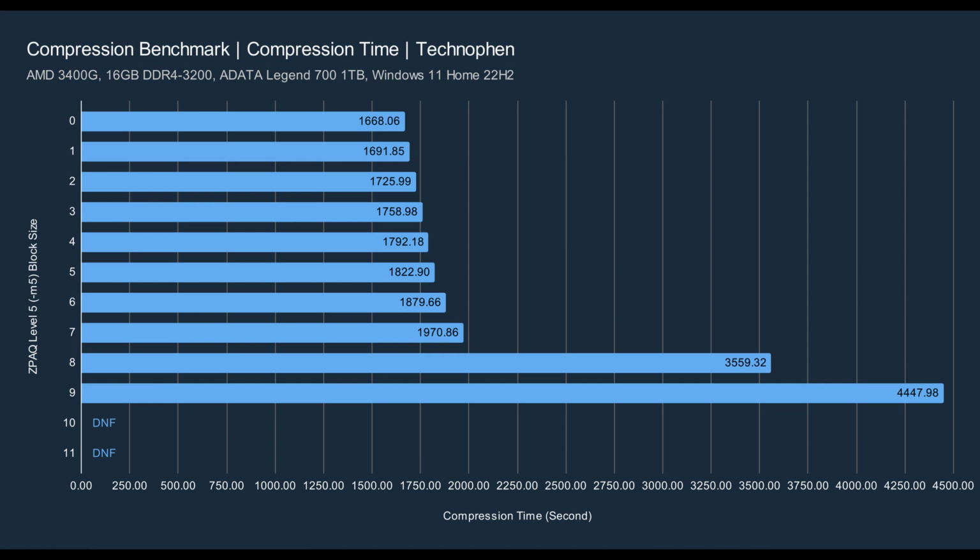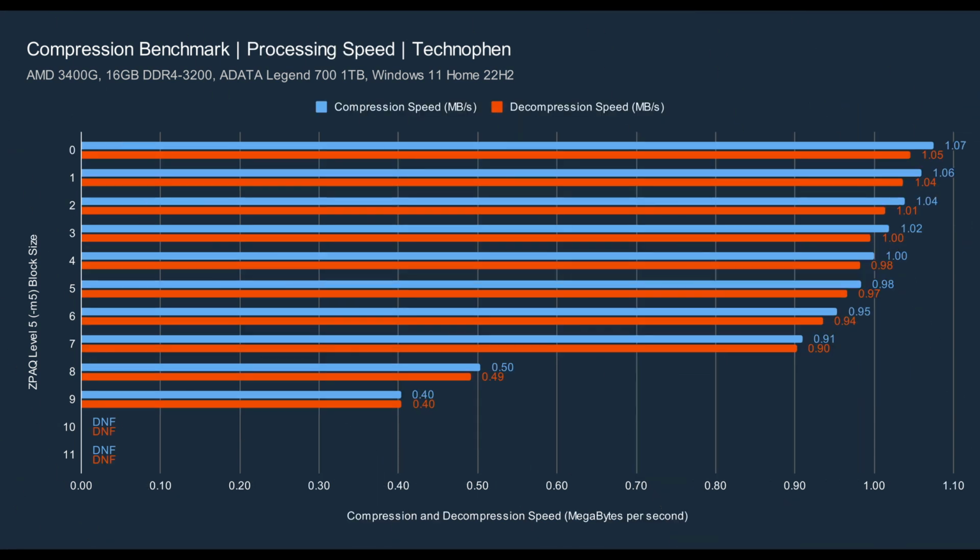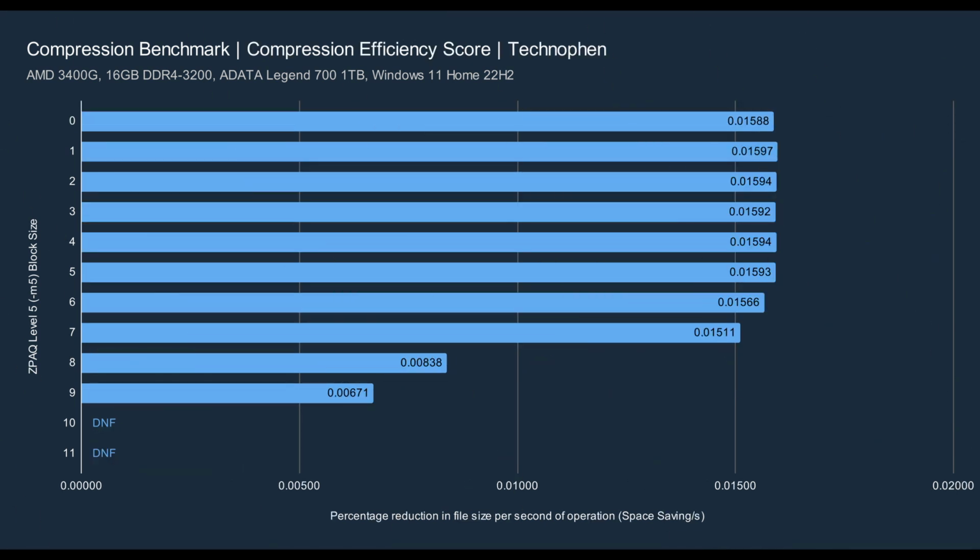And even if they didn't, we would be looking at over 3 to 5 hours of processing time for each pass. Processing speeds at best hovering at 1 megabyte per second and near 400 kilobytes per second at block size 9. So there is nothing to say about efficiency here. Nothing. Completely inefficient compared to other levels.